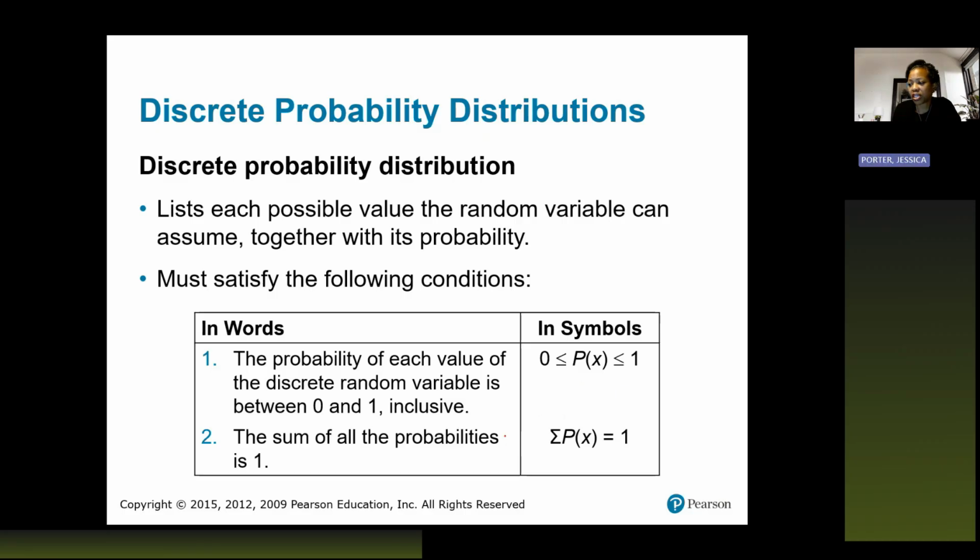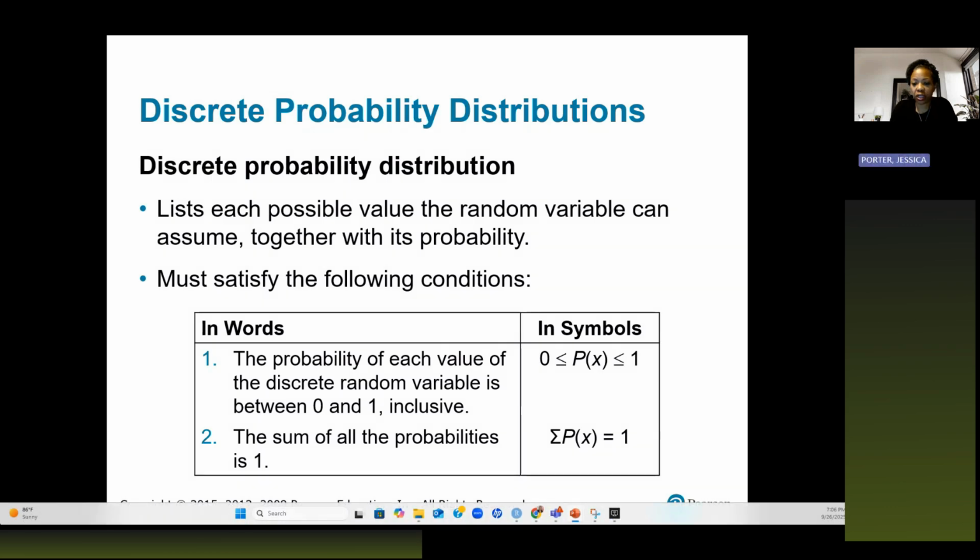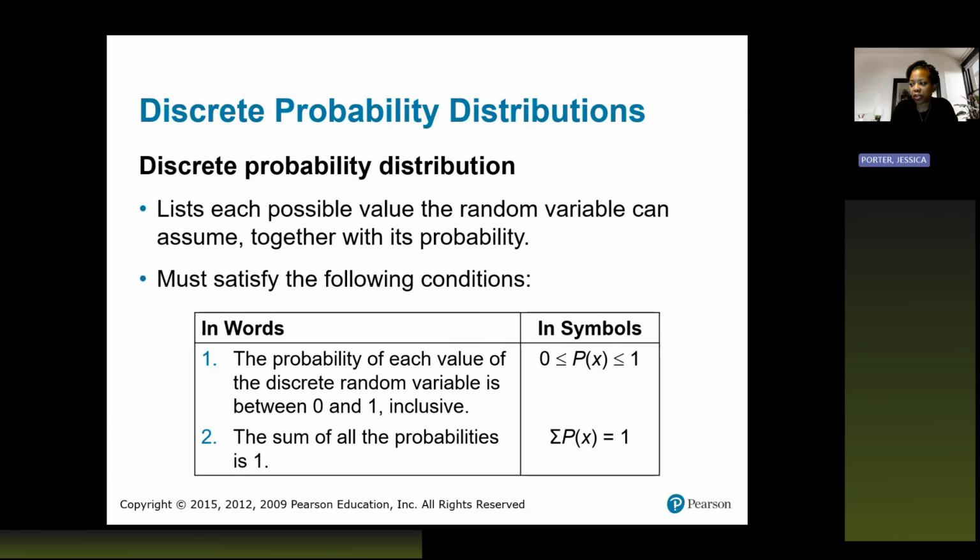Number two, the sum of all the probabilities has to equal 1. Remember, all the probabilities are between 0 and 1, and the sum of the probabilities, that's what this little sigma stands for, summation, is equal to 1.